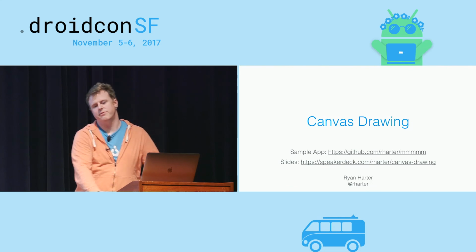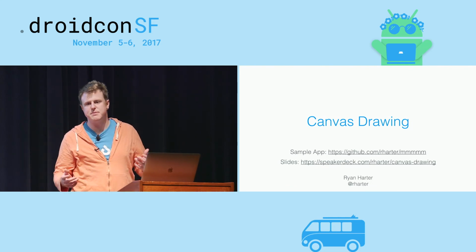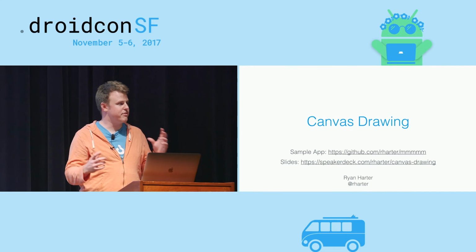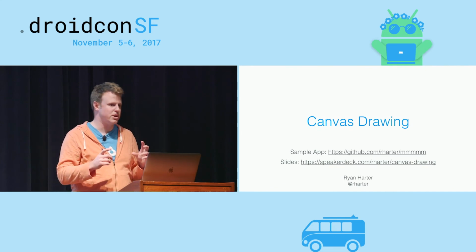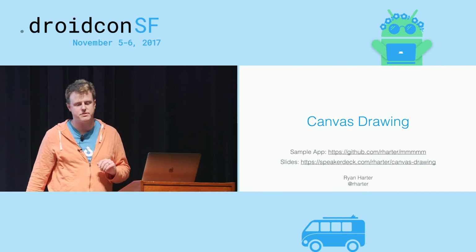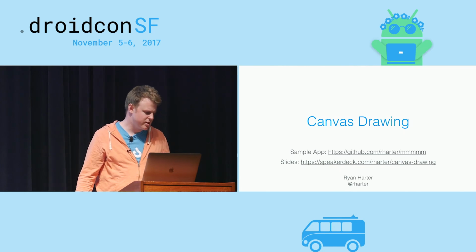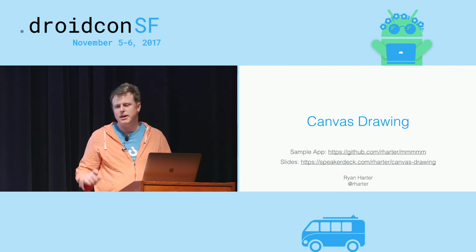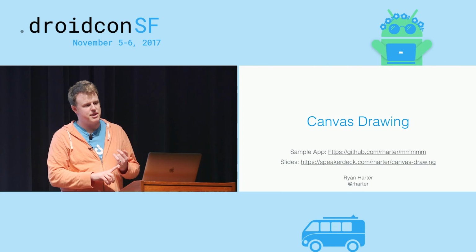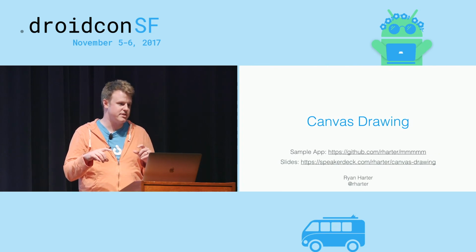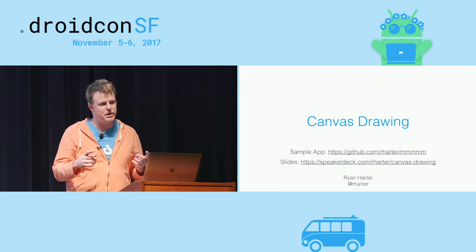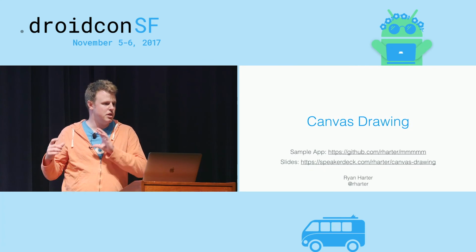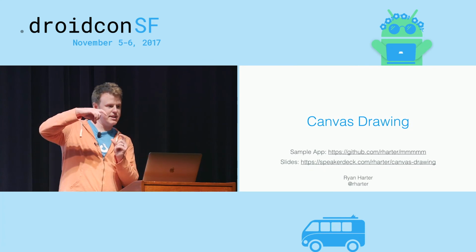So the question was if there are performance implications to modifying the canvas as opposed to just drawing the sprinkle where you want on the canvas. So there's a couple things there. First of all, one of the challenges of drawing the sprinkle where you want on the canvas, as far as I know, is that it wouldn't really be possible with the canvas APIs because we rotated that sprinkle.